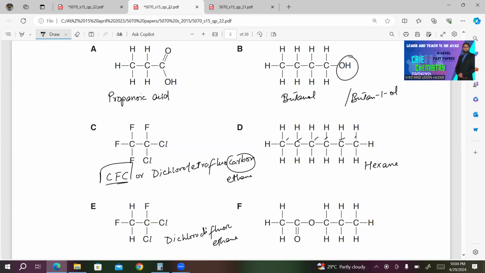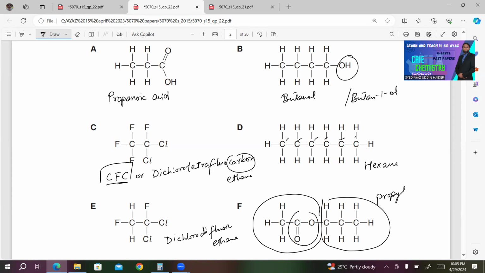F. Now this one has an ester group attached to this, and this part is the alkyl group, and this one is the alkanoate group. We have three carbon atoms, so it must be propyl, and two carbon ethanoate, propyl ethanoate.